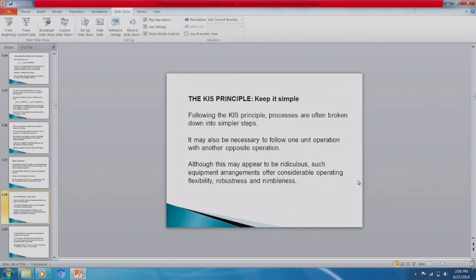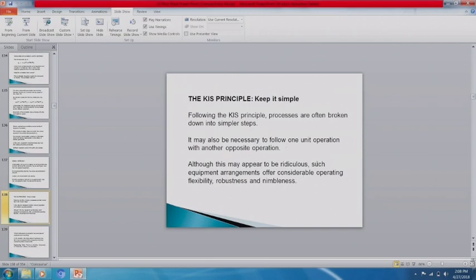In a university, you were probably put through the rigors of academics, but in industry, you should recognize that you would like to do things in a simple manner. So you take something highly complex and break it down into simple steps. It's also necessary to follow one unit operation with another opposite unit operation.